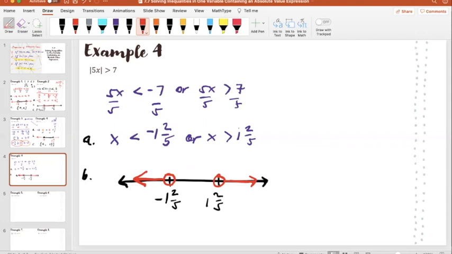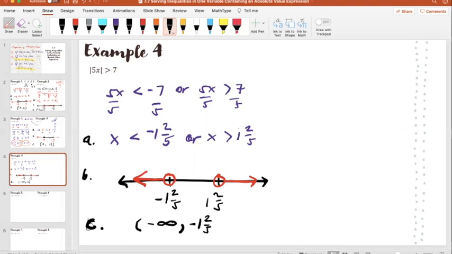We have two rays in our graph, and we can represent this in interval notation. So what's our interval notation here? Let's first have the left one, the ray that goes to the left. Negative infinity to negative 1 and 2 fifths.